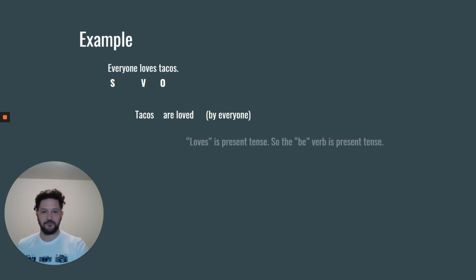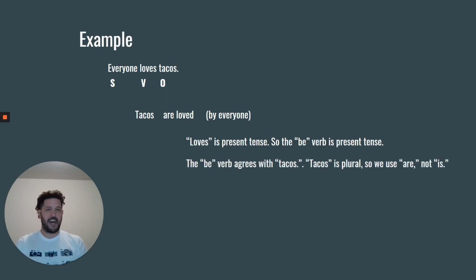a little bit later. So loves is present tense, so the be verb is also going to be present tense. And the be verb has to agree with tacos. The word tacos is plural, so we use are, not is.